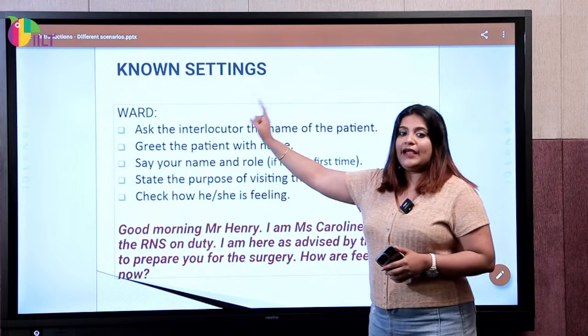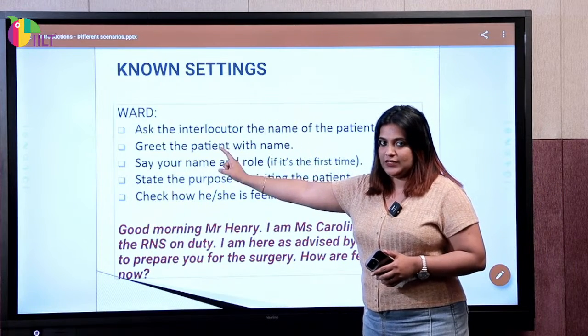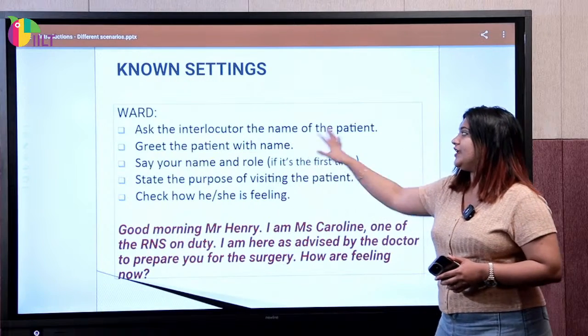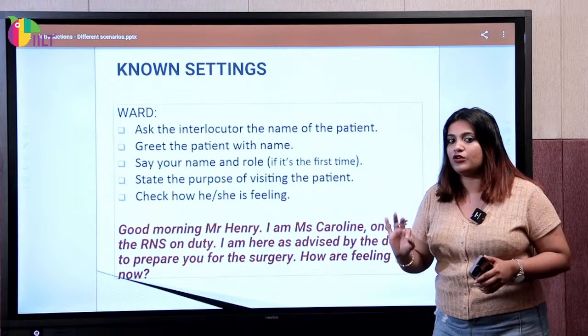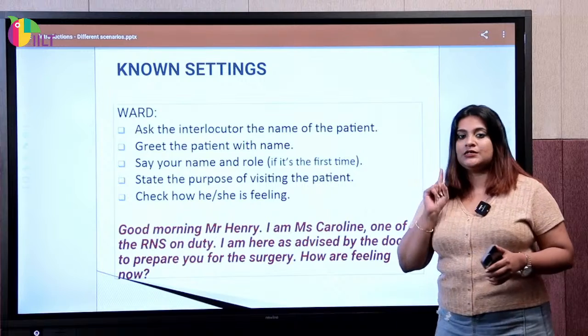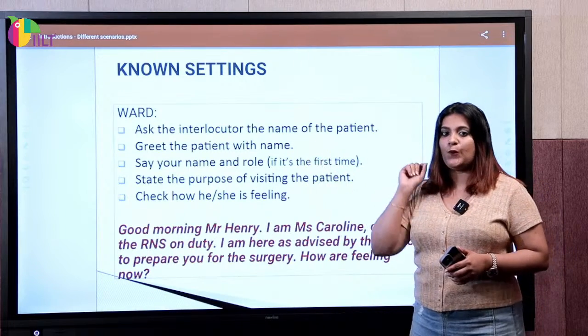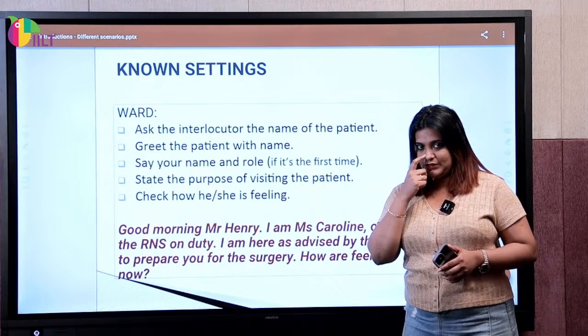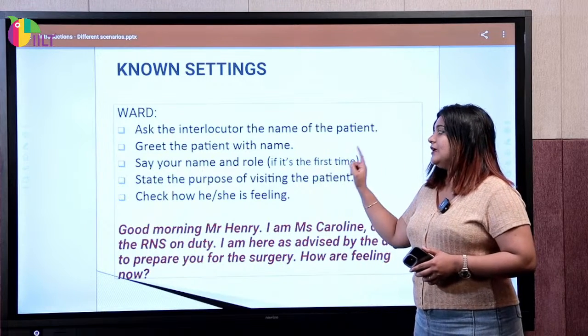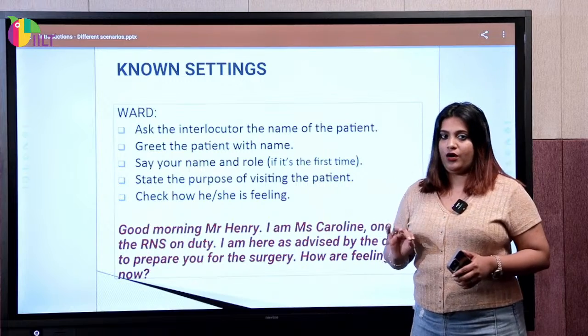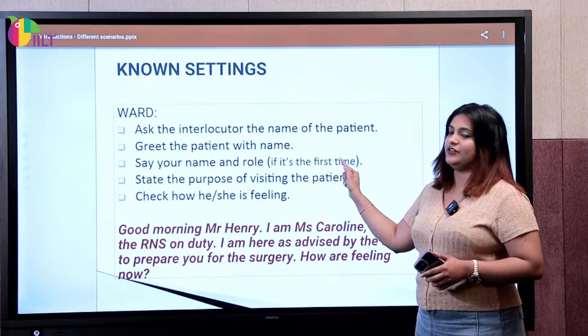So if you identify the setting as a ward, the first thing you have to do is ask the interlocutor the name of the patient, because it is a noun case. So this is the first step. The second step is you'll greet the patient with the name of the patient. Third step, you'll say your name and your role, who you are. Again, not if it's the first time.